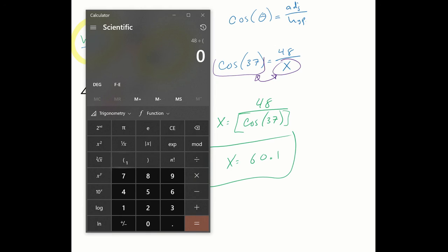So we put parentheses, and I'm going to start with the angle of reference, which is 37, and I want the cosine of that, and I'm going to close my parentheses and hit enter. And if you notice, I also get 60.10 or 60.1.